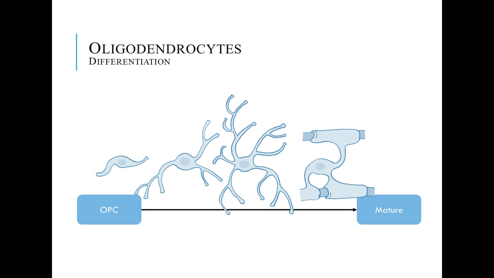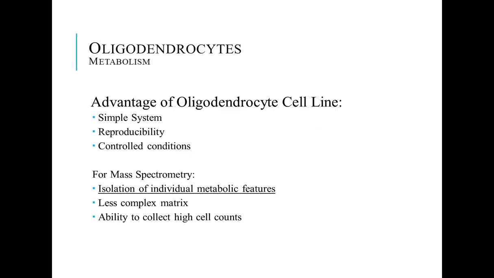So to do this, we turn to a cell line, and the advantages of an oligodendrocyte cell line as opposed to using a primary culture. Again, it's a simple system. You have reproducibility when you have a cell line and very controlled conditions. And in particular, when we're doing mass spec analysis, you can isolate individual metabolic features, which again is very key.